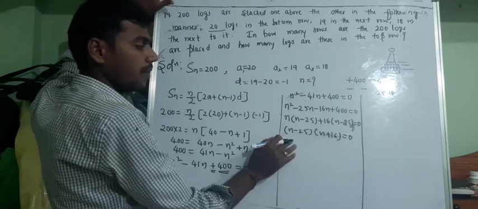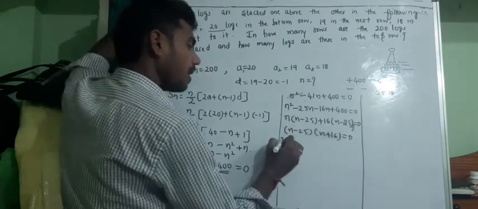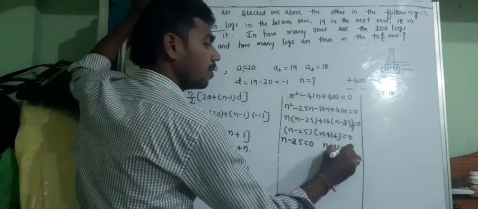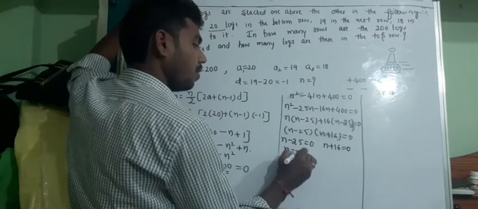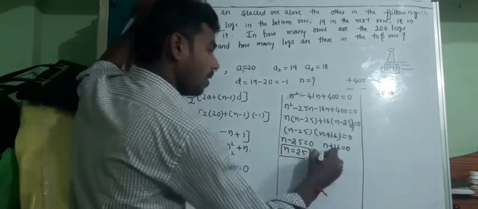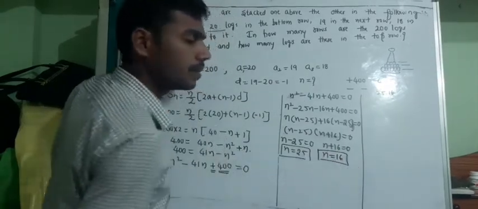So n minus 25 into n plus 16 is equal to 0. n minus 25 is equal to 0, n plus 16 is equal to 0. n is equal to 25. This is one value. n is equal to 16. So we got two values for the number of rows.